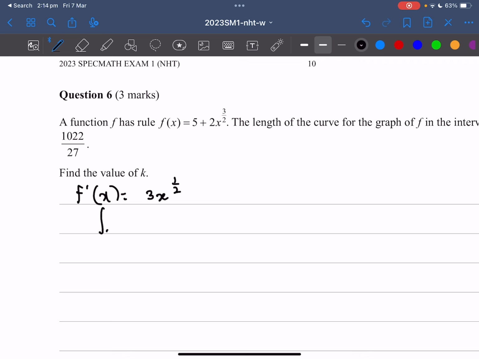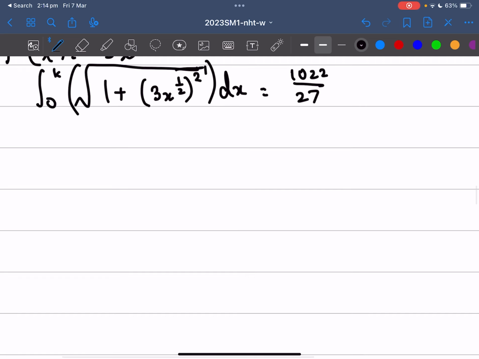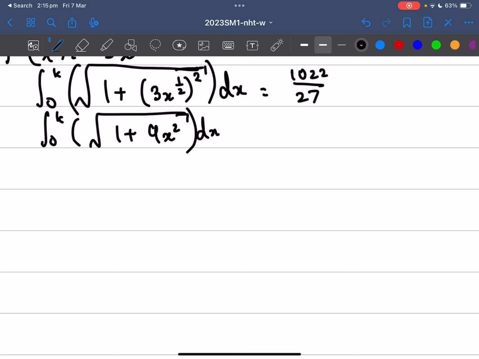We are finding from 0 to k the square root of 1 plus 3x on 2 whole squared dx, just add brackets, equals 1022 on 27. So 0 to k of 1 plus 9x squared dx equals this.